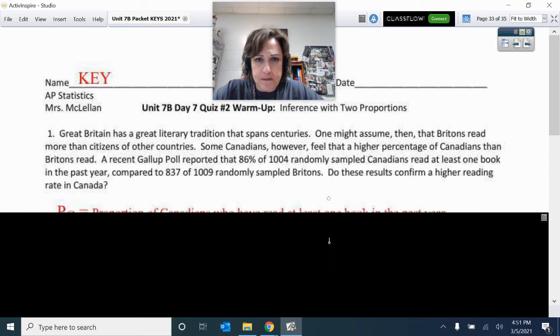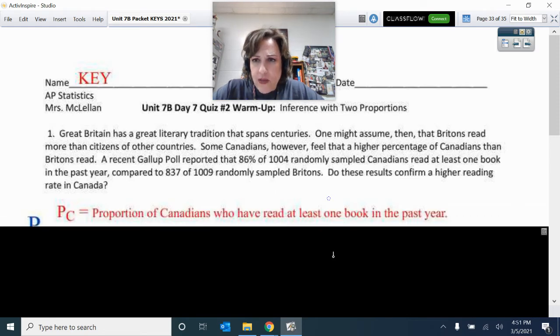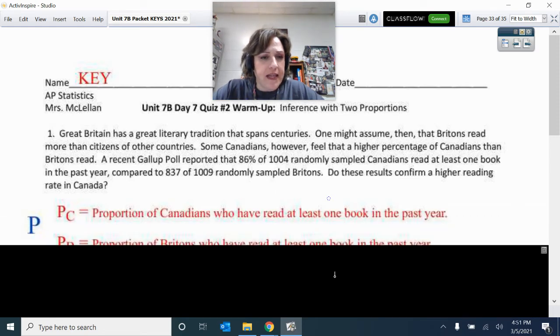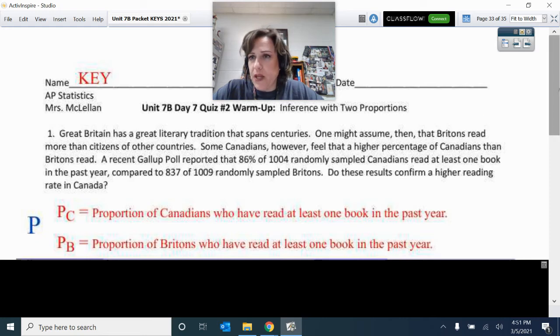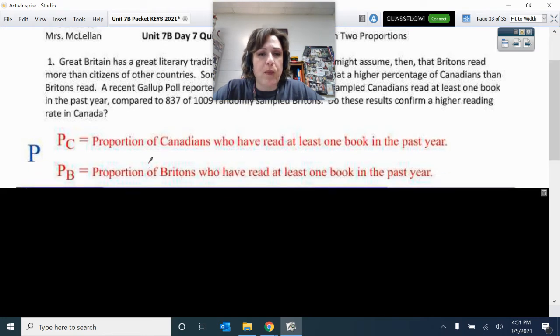So I defined our parameters. P with a little c is the proportion of Canadians who have read at least one book in the past year. Now, remember how we don't want to have past tense, but I don't think saying "who have read" is a problem.